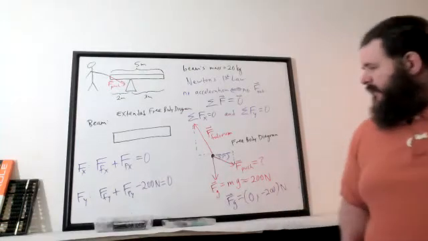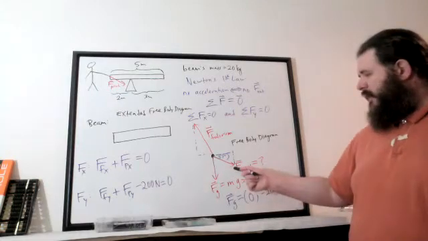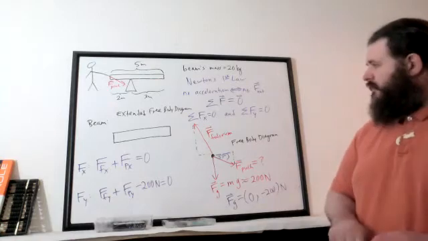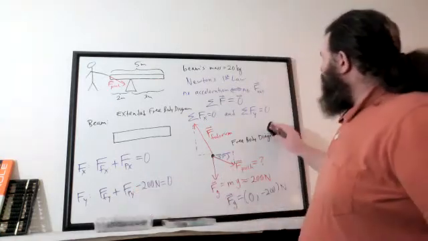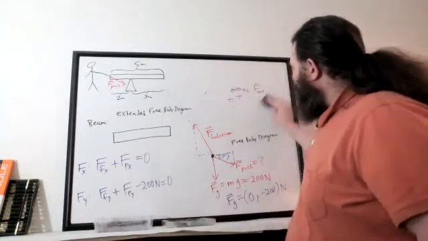But there's some information we can get from just the geometry of the situation. Like for the push, we don't know how strong the push is, but we at least know the direction. So we can use some trigonometry. In fact, we can use the trigonometry we were just looking at earlier with that right triangle.